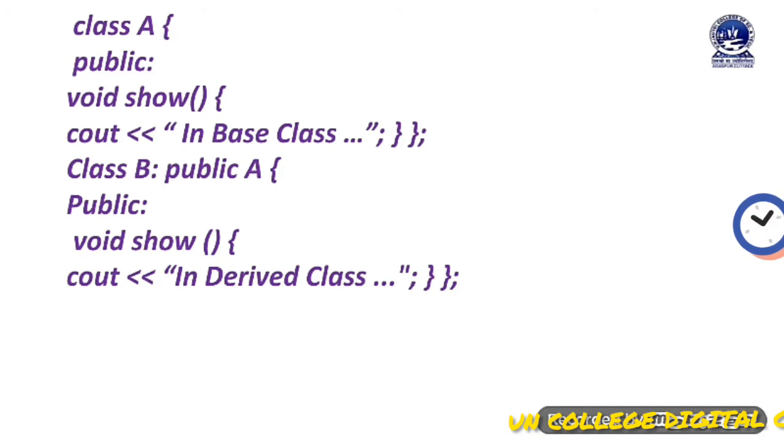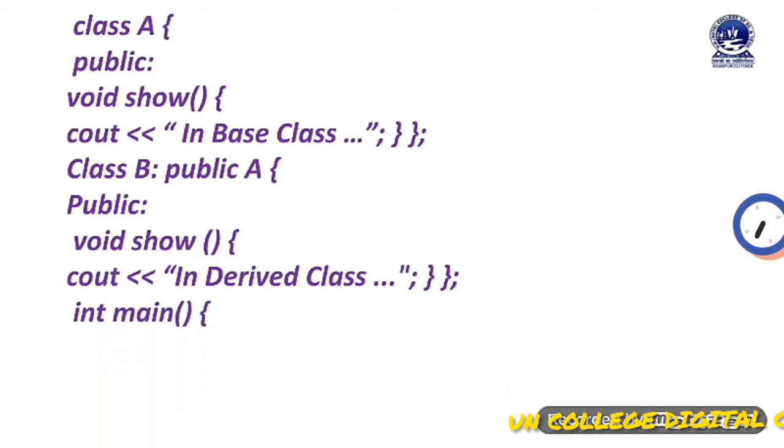But in overriding, the total prototype of the function including the name is the same, void show. In the base class, I have used a statement inside the void show method, and in the derived class, I have used a cout statement in the derived class inside the show method.